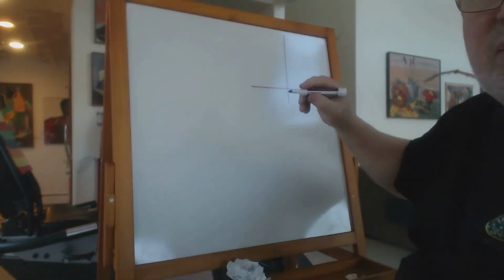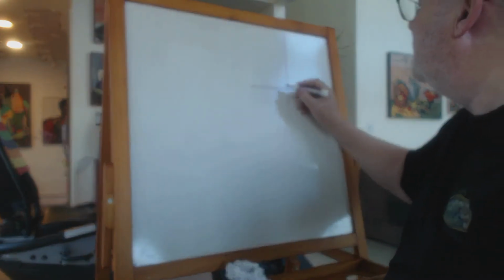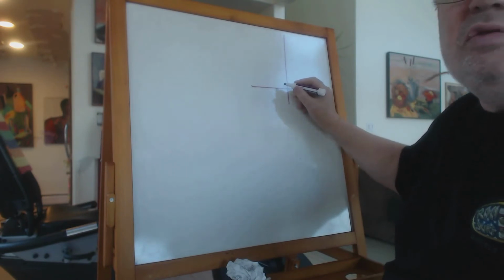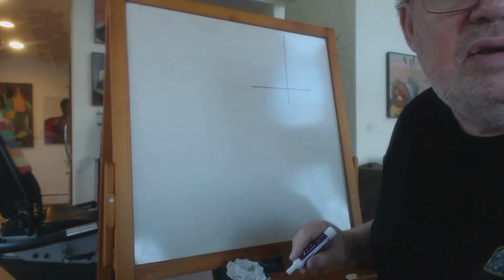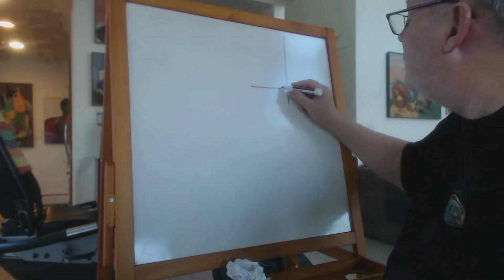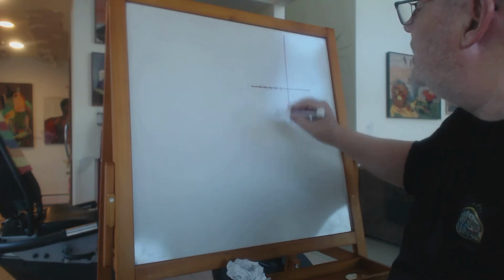We're given a point. Let's see if I can read it. X is minus 5. 1, 2, 3, 4, 5.